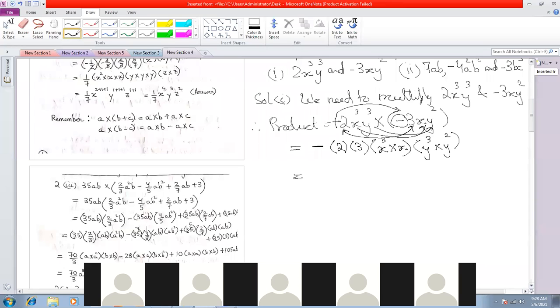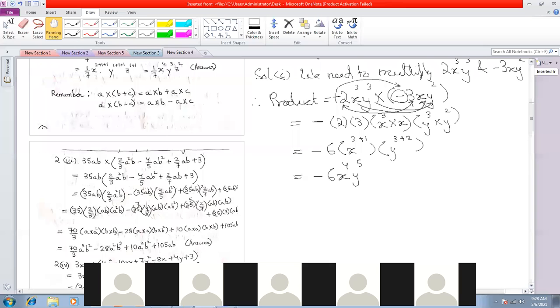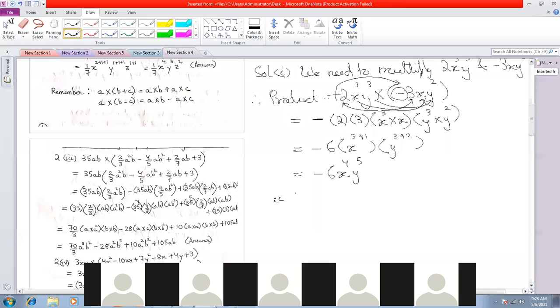Okay, so how much do we get? 3 into 2 is 6, so minus 6, and x cube into x will give you x to the power of 3 plus 1 from the laws of exponents, and y cube into y square will give you y to the power of 3 plus 2. So ultimately the product that you are getting is minus 6x to the power of 4 y to the power of 5. Okay, any questions? No, sir.